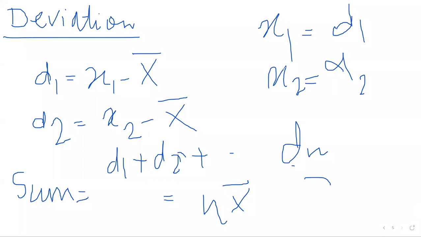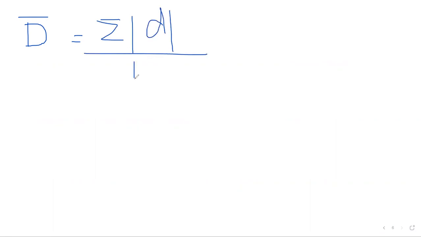So the average value of deviation, d bar, will be the summation of mod d divided by n. Why am I giving mod? Because if any negative sign comes, you can place mod here, and it won't consider the sign. This d value stretches from d1 to dn, whatever the readings.